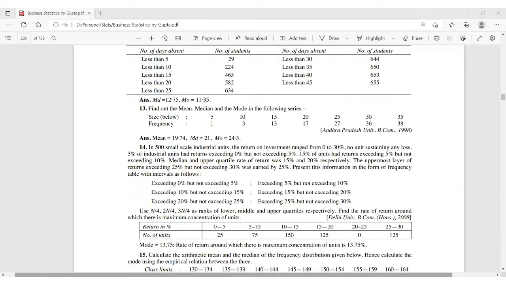Similarly, let me take a third series: 1, 199 and 200. Same case, the average is 100. So in these three series the average is 100, but we see the difference in the data.